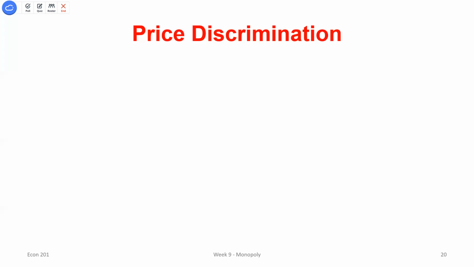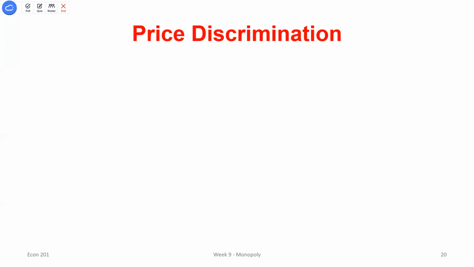So if I do that, my marginal revenue curve essentially becomes my demand curve, because I'm no longer having to set one price. I can set a different price for every different consumer. What price am I going to set? I'm going to set the price wherever that consumer is on the demand curve.